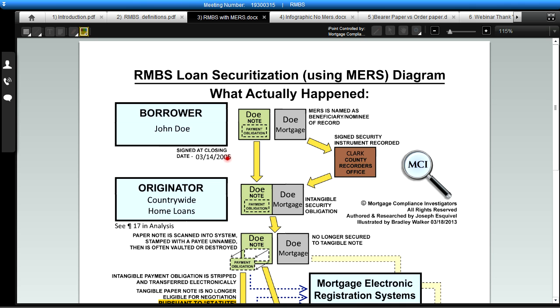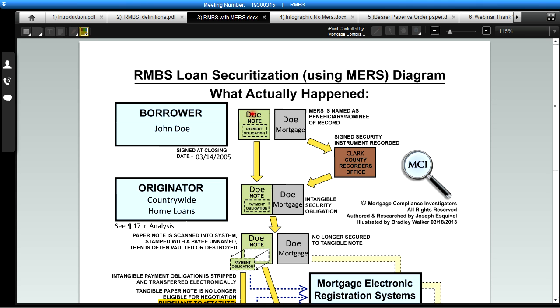Among those documents, there is a tangible promissory note, and there is a mortgage, which is the security instrument. These are tangible documents.